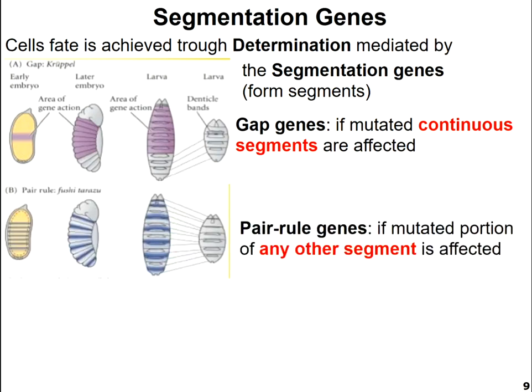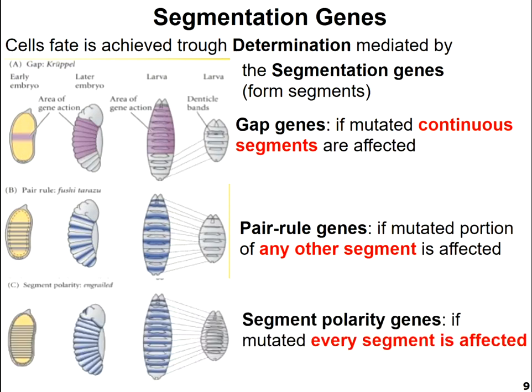The gap genes control another layer of segmentation genes, which are the pair rule genes, and the pair rule genes are expressed in every other segment. So you can see here the expression of Fushi tarazu. You can see that it's expressed not in all the segments, but in every other segment. And if mutated, so if we remove Fushi tarazu, we lose not all the segments, but every other segment.